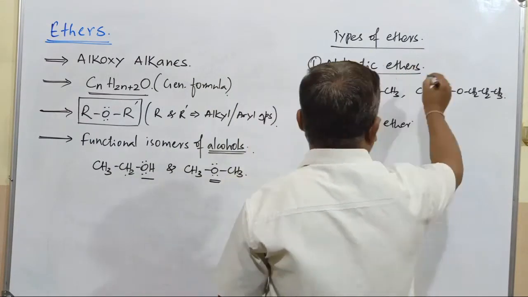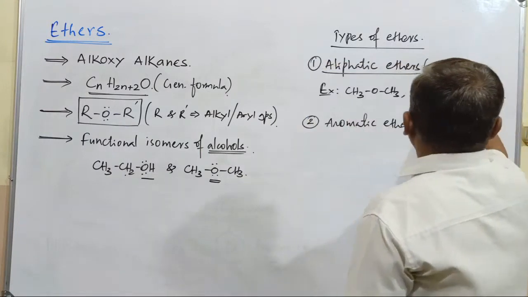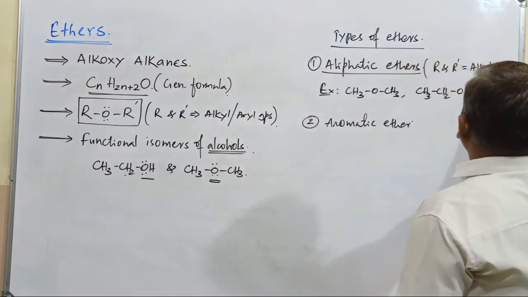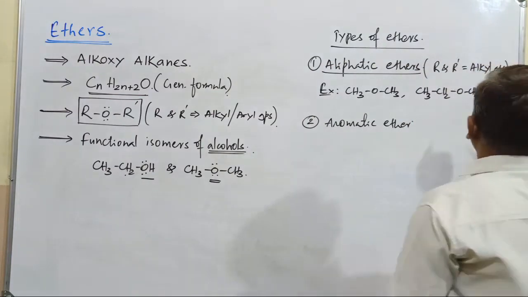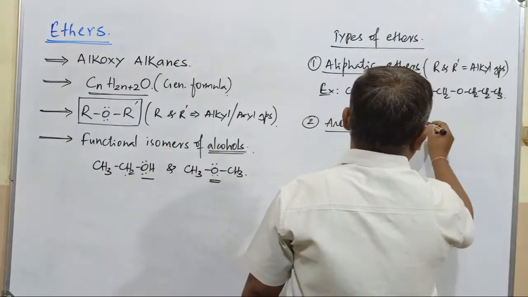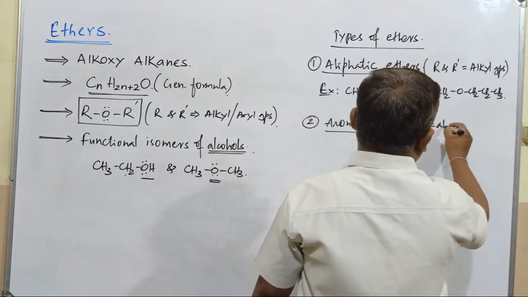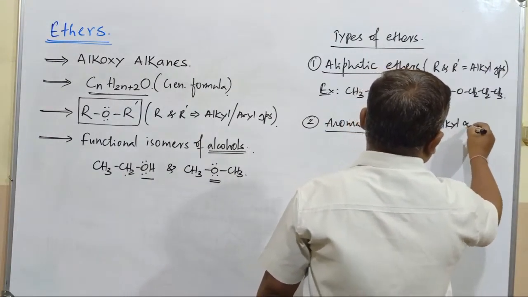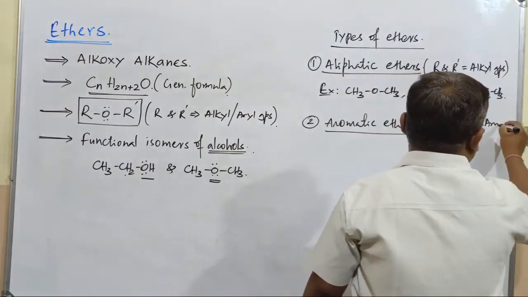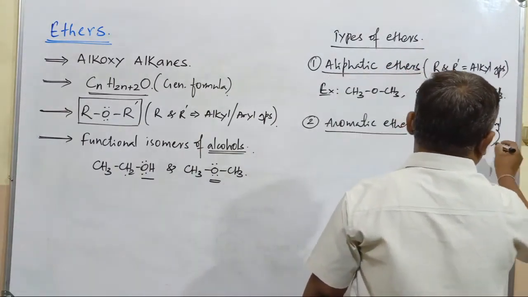In aliphatic ethers, R and R' are both alkyl groups. If both are alkyl groups, it is an aliphatic ether. But in an aromatic ether, R is an alkyl group and R' is an aryl group, or the reverse is also possible. It makes no difference.